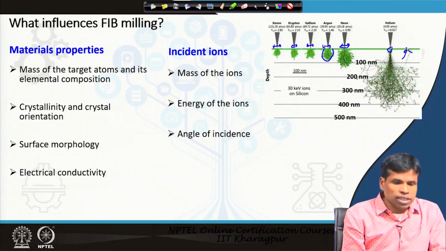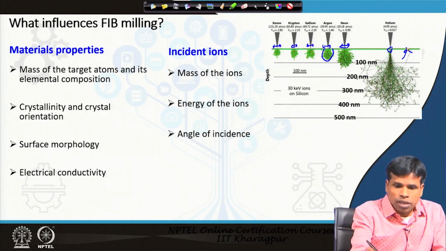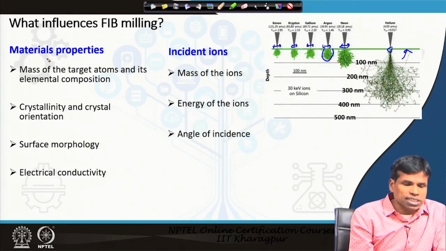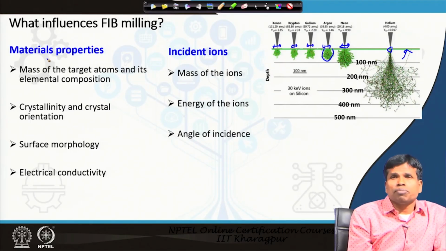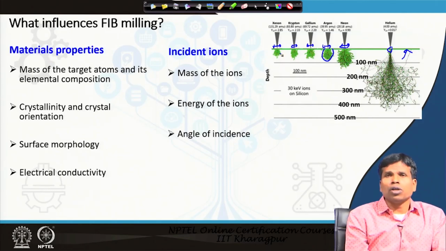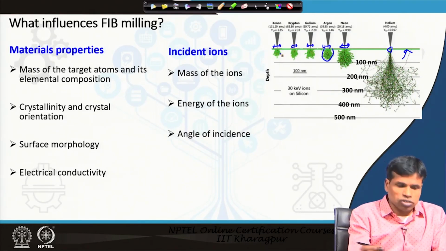So, what influences this type of sputtering or milling? The first thing is the material properties: mass of the target atom and its elemental composition. As per the elemental composition and mass, the interaction volume will change. It also depends on the density.